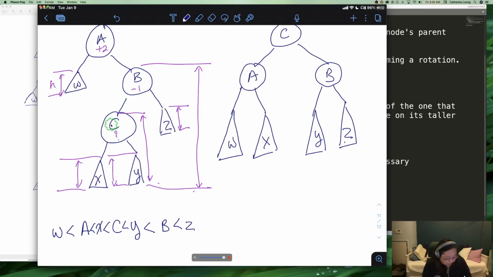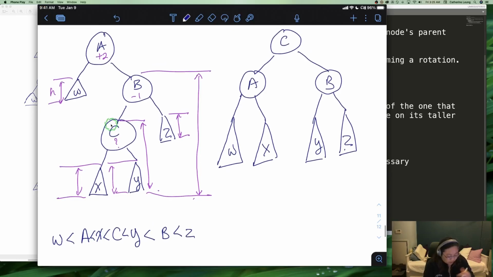Now, after we're done, do we still have the same relationships? And the answer is yes. W is still smaller than A, X is bigger than A. C is bigger than everything here, so we can put C next.